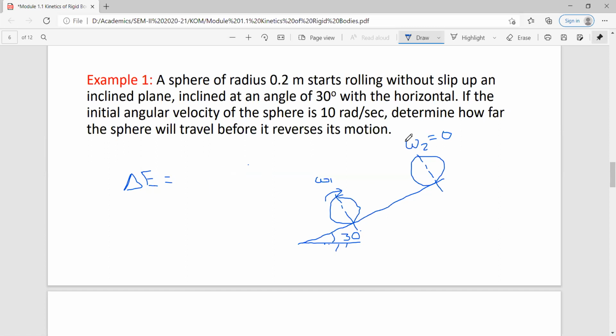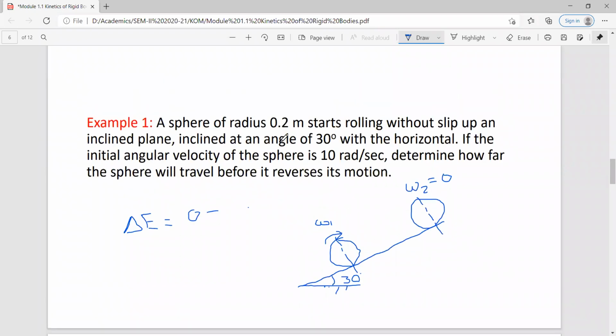As angular velocity is 0 at position 2, kinetic energy will be 0 at position 2. So final kinetic energy is 0 minus the initial kinetic energy. So how to calculate the initial kinetic energy? What is the formula for calculating the initial kinetic energy?